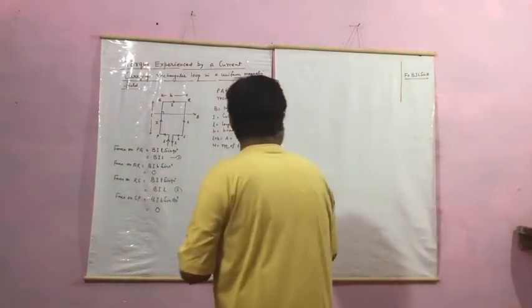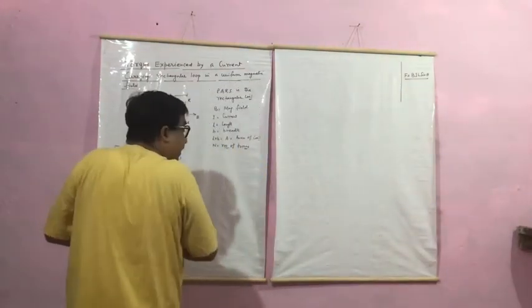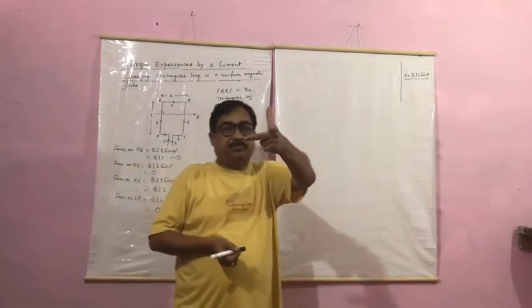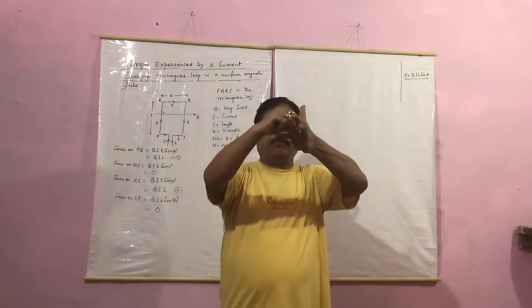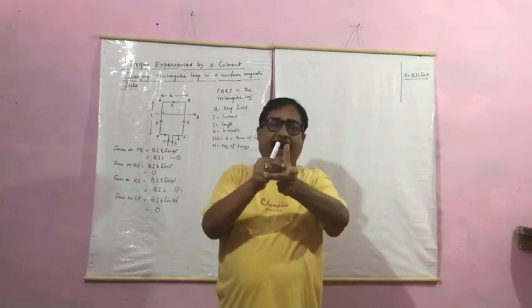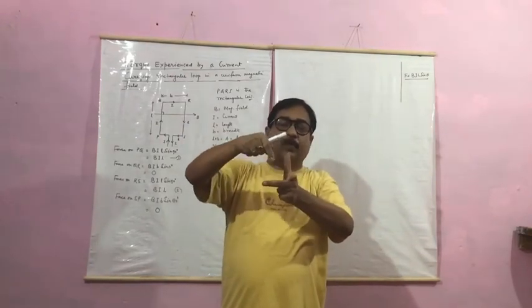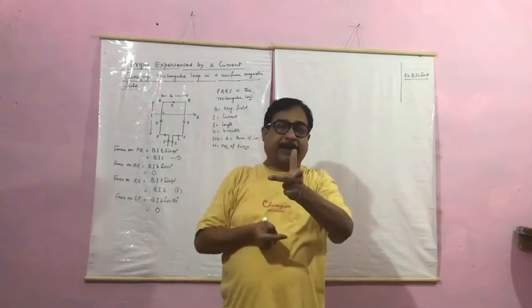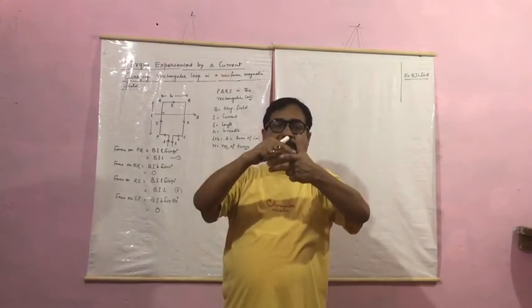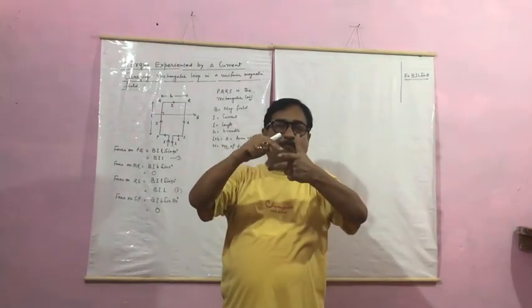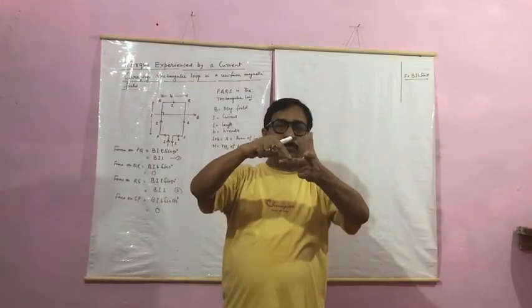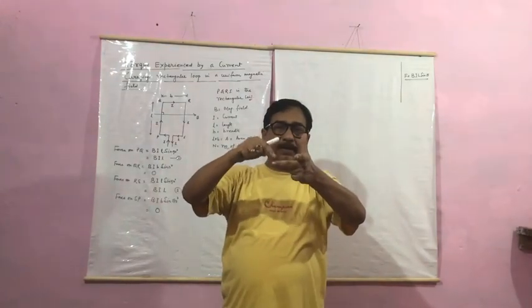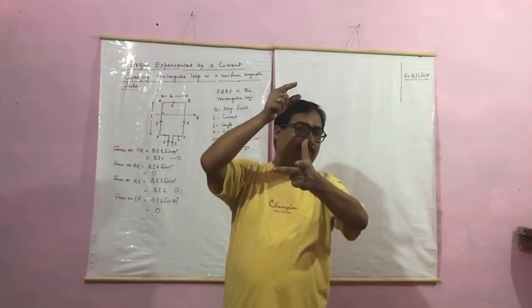So applying Fleming's left hand rule, what does it say? If we stretch the three fingers, the forefinger, the central finger and the thumb in such a way that all three are mutually perpendicular, and if magnetic field is shown by the forefinger, current is shown by the central finger, then thumb shows the direction of the force.